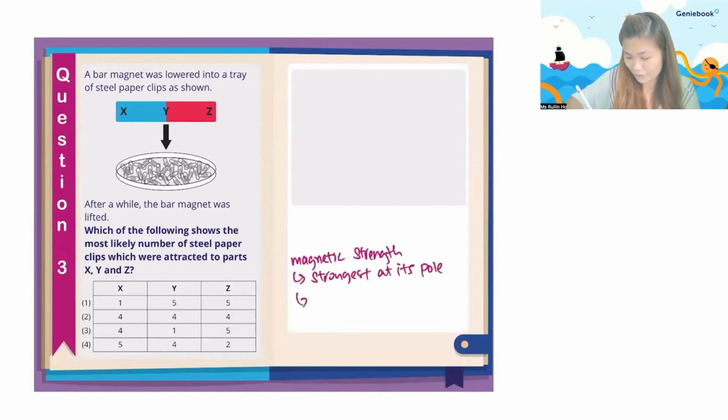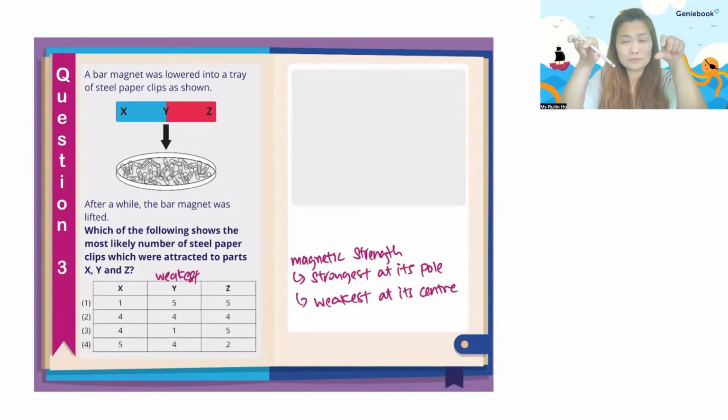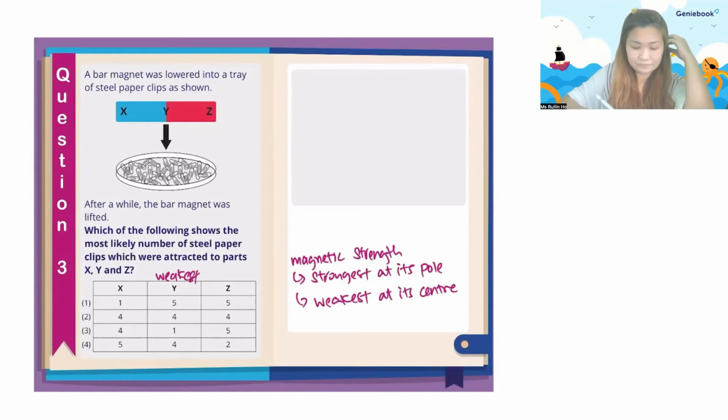And of course, we know that the weakest is at its center. So the middle is the weakest, so obviously Y has to be the weakest, and X and Z would be the strongest. Sometimes the two poles, the ends, may not be of equal strength. That's perfectly fine, it's normal. So your answer will be number 3, because we need to look for the weakest one.